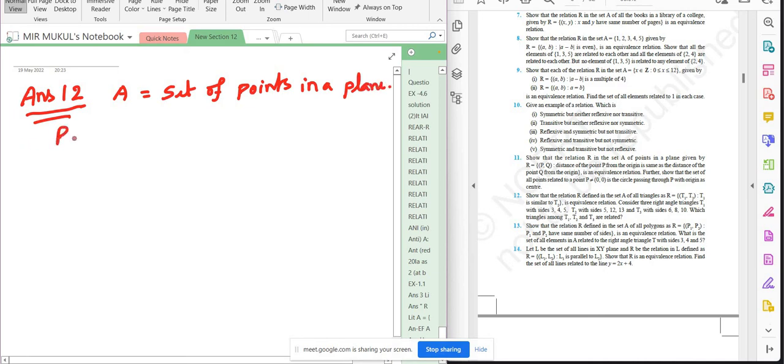And R equals the pairs PQ such that the distance of point P from origin, that means OP, and the distance of Q from origin, that means OQ, are equal. So A is the set of points in a plane, R equals PQ where OP equals OQ. So first check reflexive.